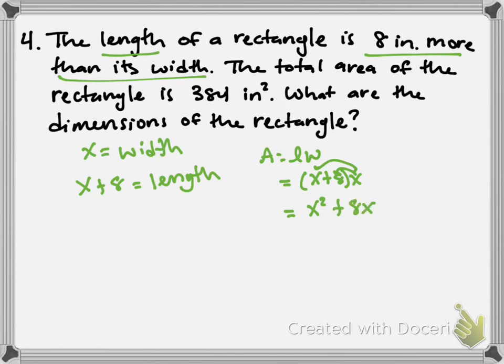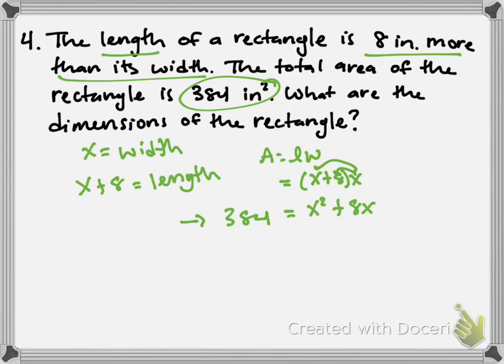I already know my area is 384 inches squared. They told me that, okay? When you see an x squared plus an x, then you should be thinking, oh, can I complete the square here? So this is just a reverse order of everything we've been seeing, right? My quadratic comes on the left-hand side of the equation, but that is okay.